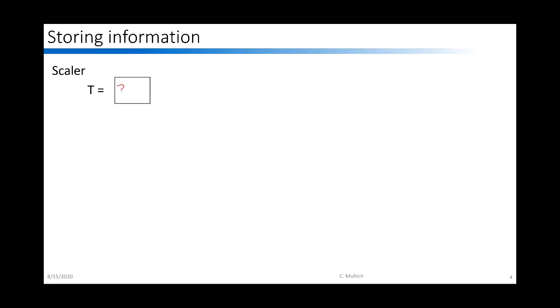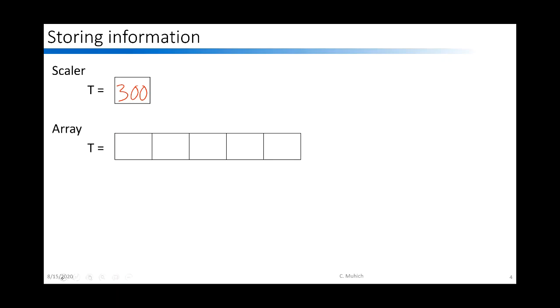We could say that box contained 300 to represent 300 degrees C. That was very simple, but as we saw on the other page, we probably want an array or a vector of different temperatures to look at.